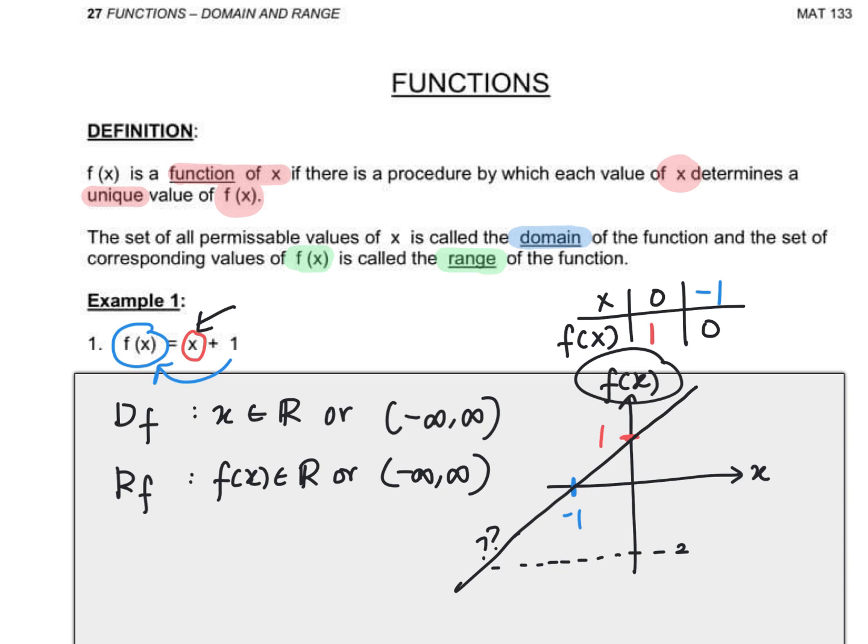What we can conclude here is that for any linear function, we can find the domain and range as simply all real numbers from negative infinity to positive infinity, unless you have a rational function involved. That is another case to consider.